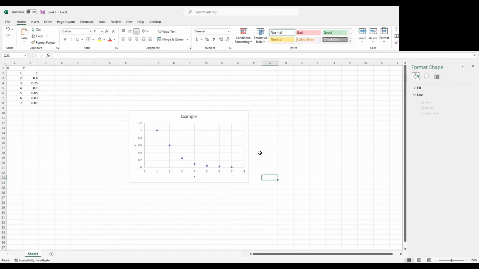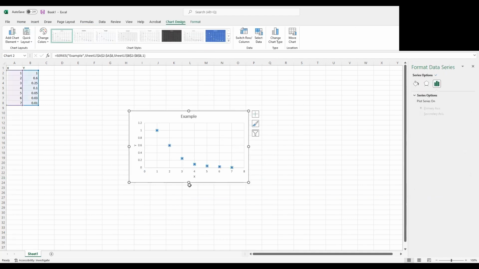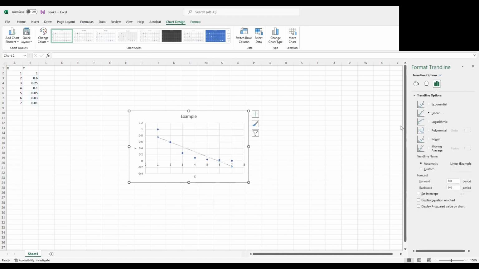And I have the most important feature, that is the trend line with the equation. So we just click on any of the points, make a right click, and say add trend line. Now it shows different trend line options. You can go from the linear. You say display the equation on chart and display the R square value on chart.